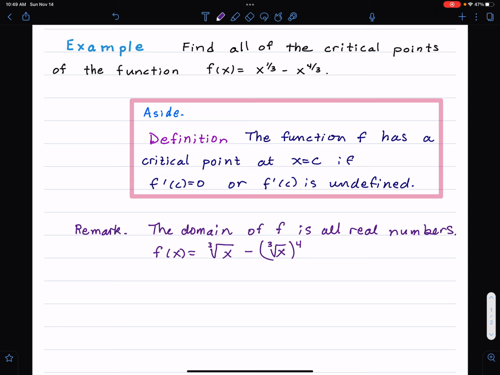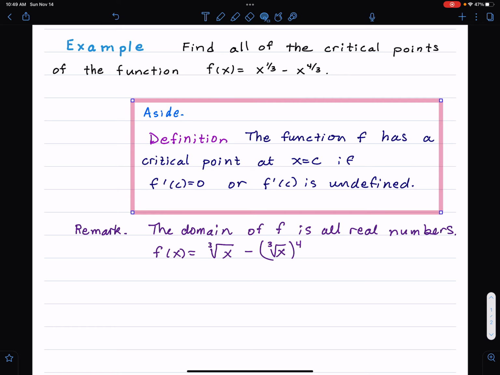So this function f has domain all real numbers. I also want to point out that when we say function f has a critical point at x equals c, it's important that c is in the domain.